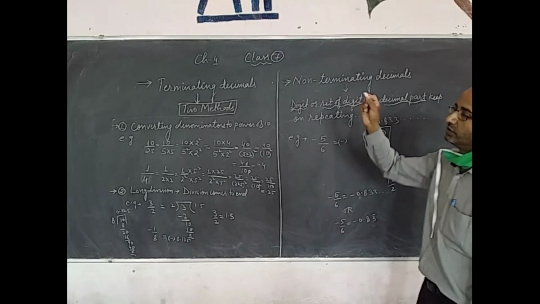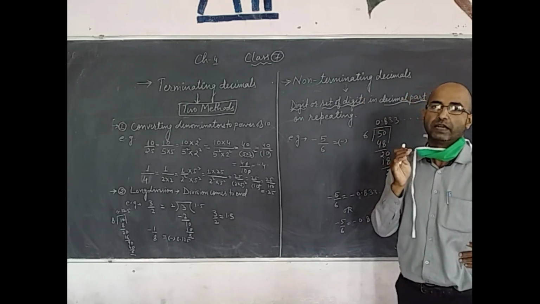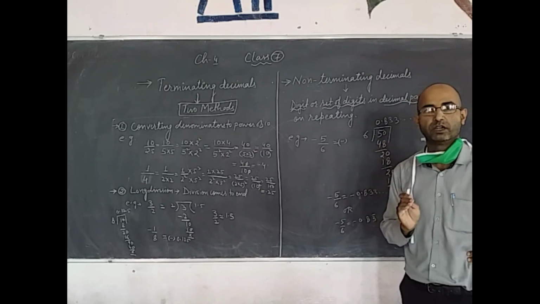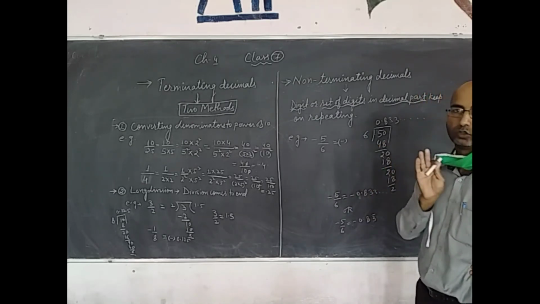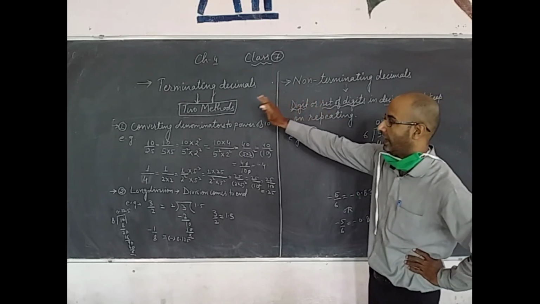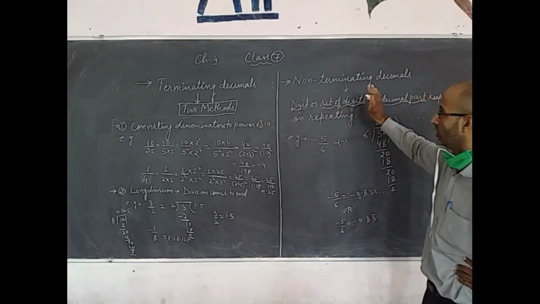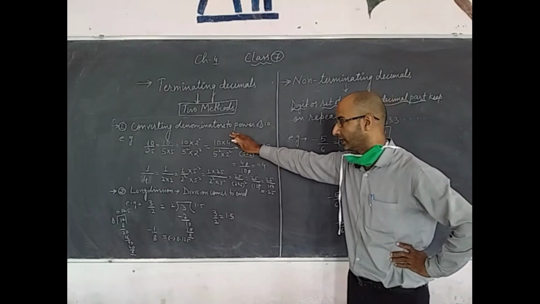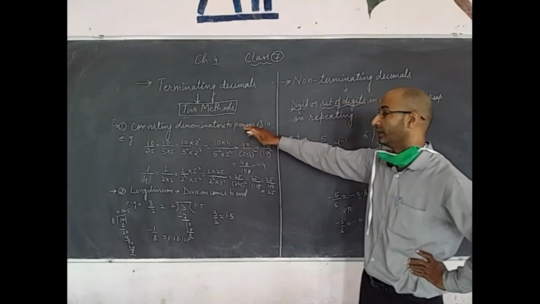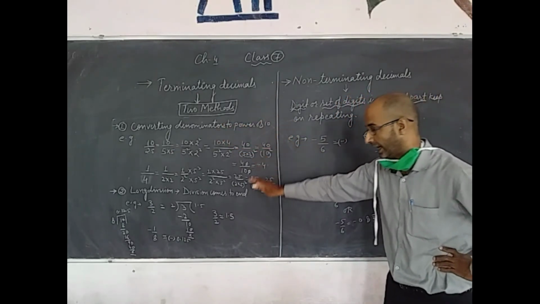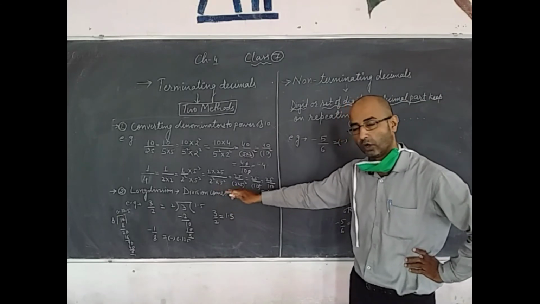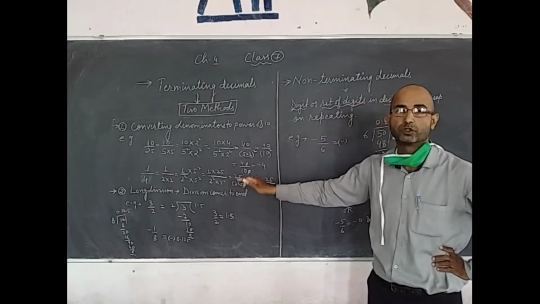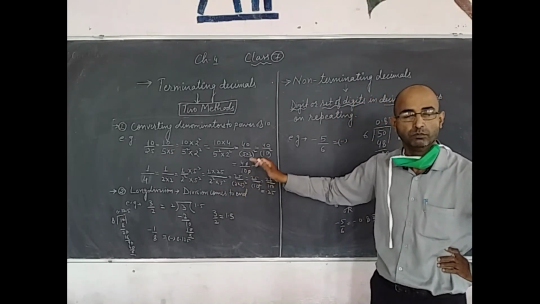Okay, so changing any rational number into decimal form, we have two cases, terminating decimal or non-terminating decimal. For finding terminating, there are two particular methods: converting the denominator to a power of 10, and second, long division, where the division comes to an end, means the remainder will come 0.